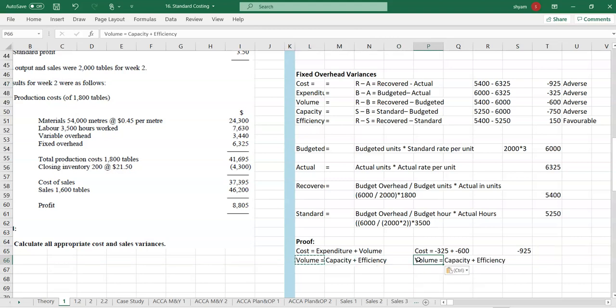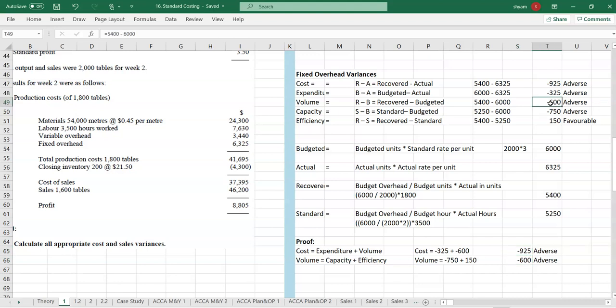Volume variance is equal to capacity and efficiency. Capacity is minus 750 plus efficiency is 150. So our answer should be minus 600. Both are adverse, and check. So both are minus 925 and minus 600. So volume is minus 600.